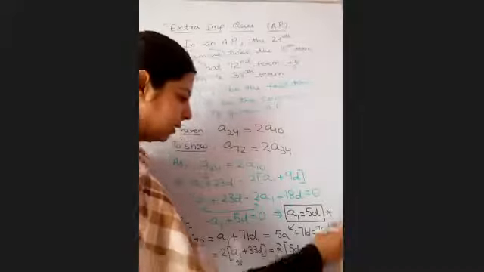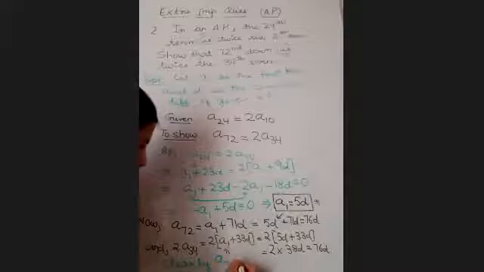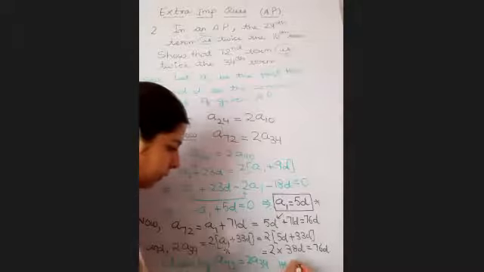Are both equal? You just have to write one statement here clearly: A72 is equal to twice of A34, hence proved.